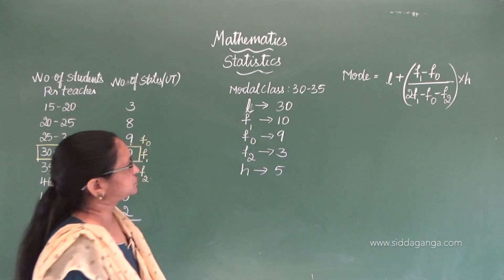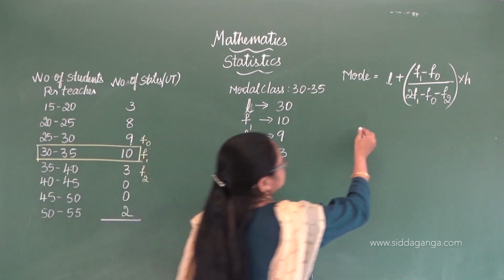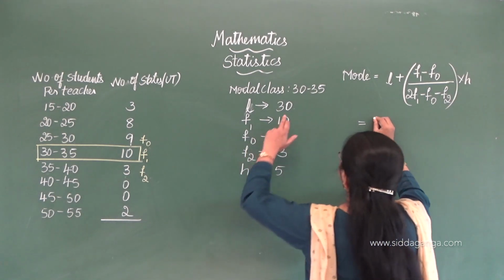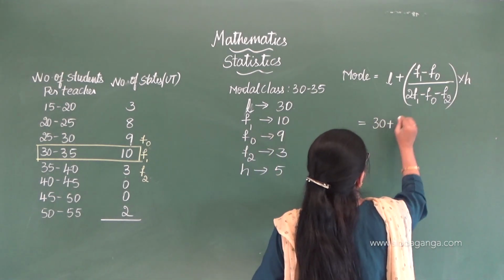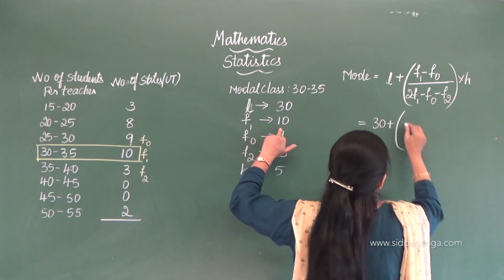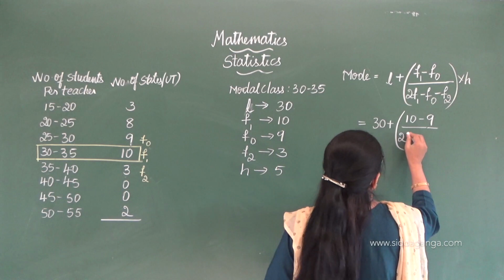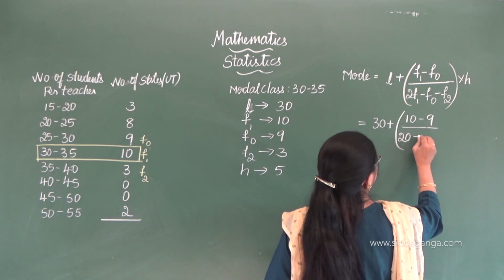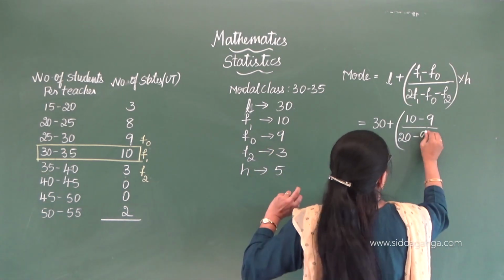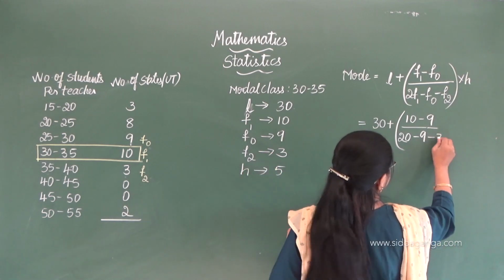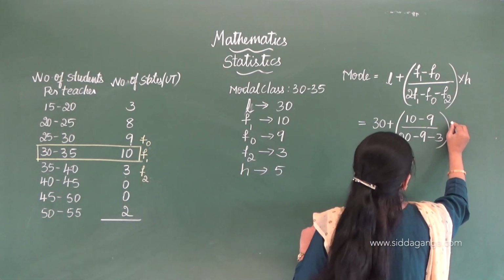So let us substitute all the values. L, the lower limit, is 30, plus (F1 minus F0) that is 10 minus 9, which is 1, divided by 2 into F1, so 20, minus F0 which is 9, minus F2 which is 3, into H which is 5.